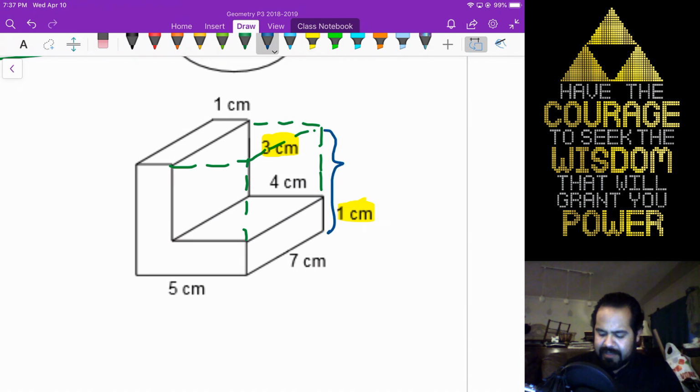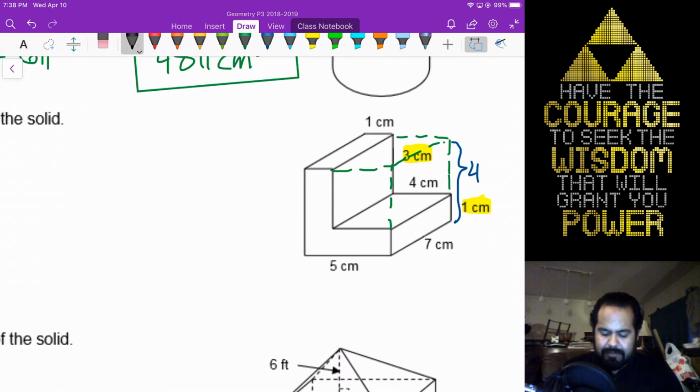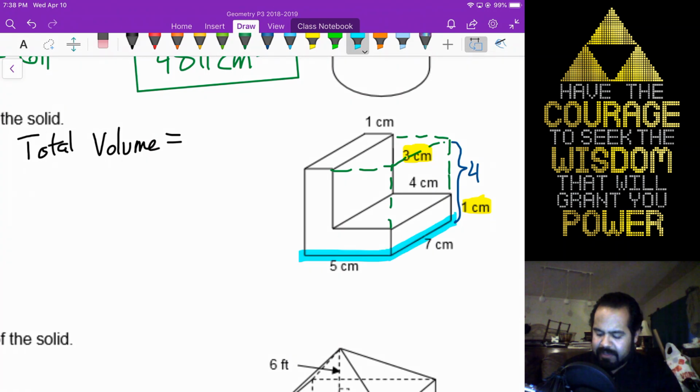That gives you a height of 4. Because this is a nice rectangular prism, we could find our total volume. That would just be 5 times 7 times 4, right? That's the outside. 5 times 7 times 4. So that's 140.